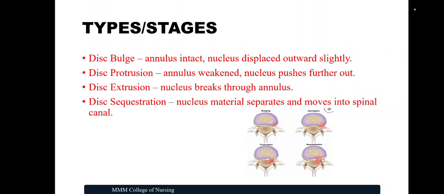Next, disc protrusion, which means the annulus is weakened and the nucleus is pushed further outside. Disc extrusion means the nucleus breaks through the annulus. Disc sequestration is where the nucleus material separates and moves into the spinal canal.